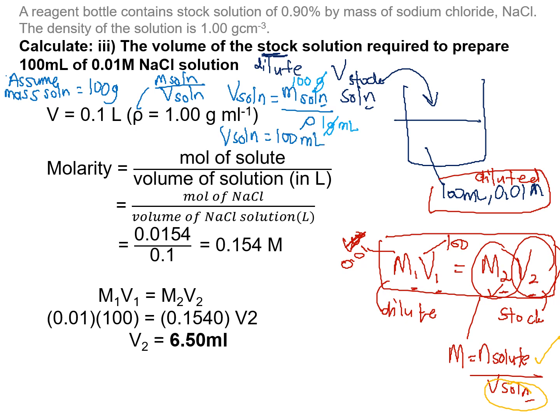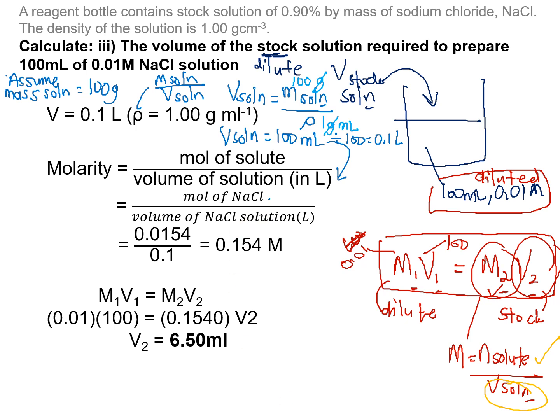But molarity needs liter, so 100 divided by 1000, and you will get 0.1 liter. So put in the mole of NaCl we calculated earlier, which is 0.0154 divided by 0.1. We got this from the calculation here. So you will know the molarity of the stock solution is 0.154 molar.